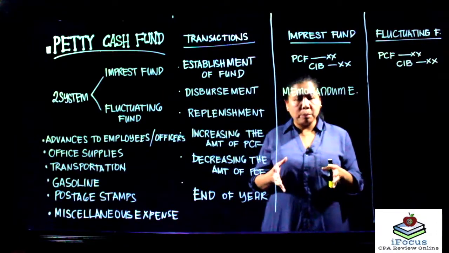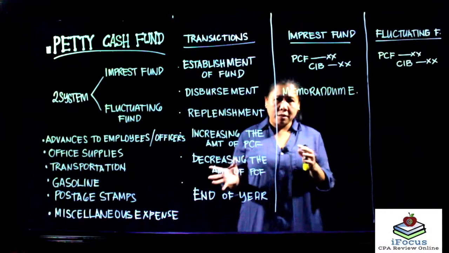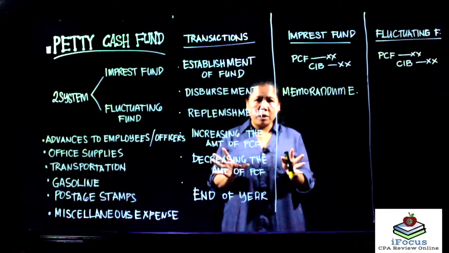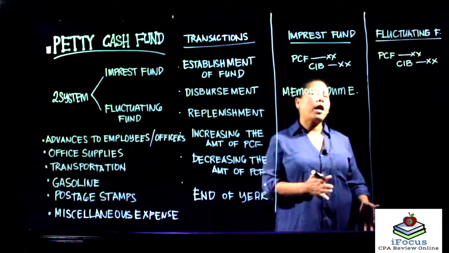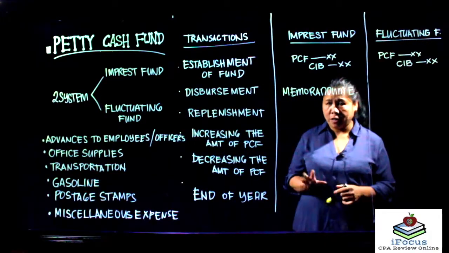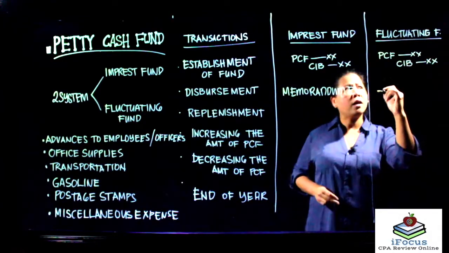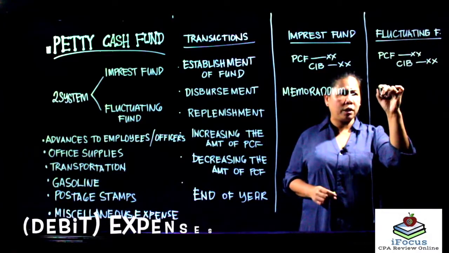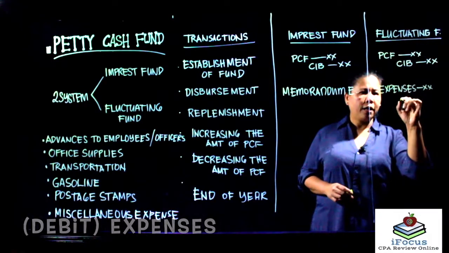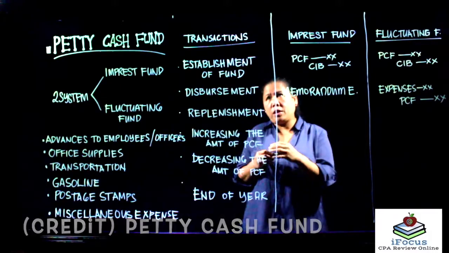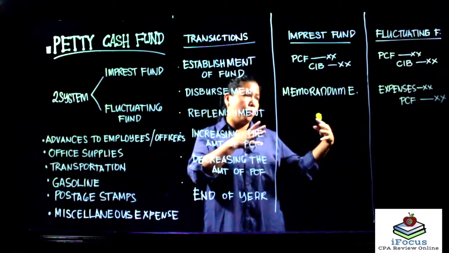This is not a complete journal entry because it doesn't have a debit or a credit entry. Under fluctuating fund system, on the other hand, the custodian will enter a journal entry. The entry is debit to the expenses and credit to petty cash fund. This is one of the differences between the two methods.